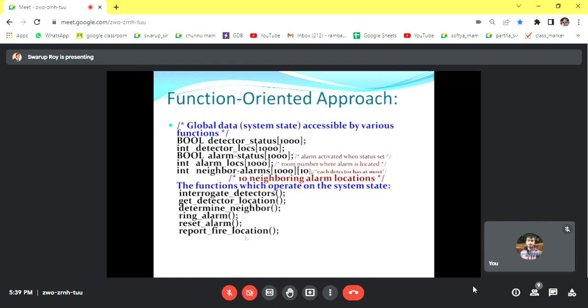Then alarm status: whether you are switching on that alarm or not, you can keep that status using a boolean variable, 0 or 1. And then alarm location, where you have located that alarm, and which alarms you have on, because for the entire building you need not start your alarm; it should be the nearby ones.